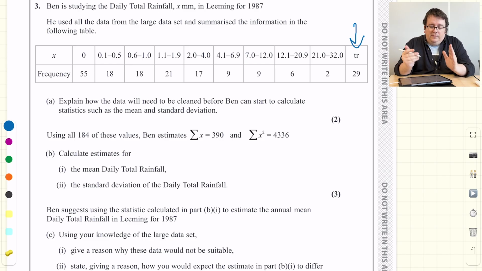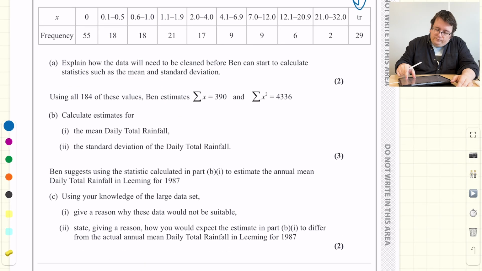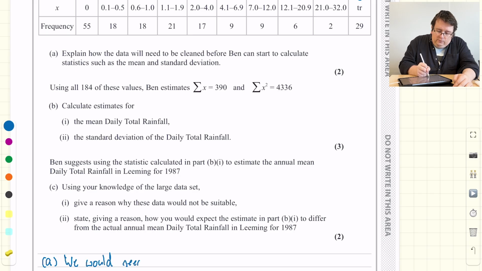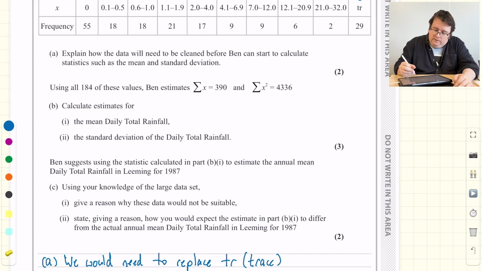Had to look that up. Okay, so for part A, we would need to replace TR, so trace, with a number.